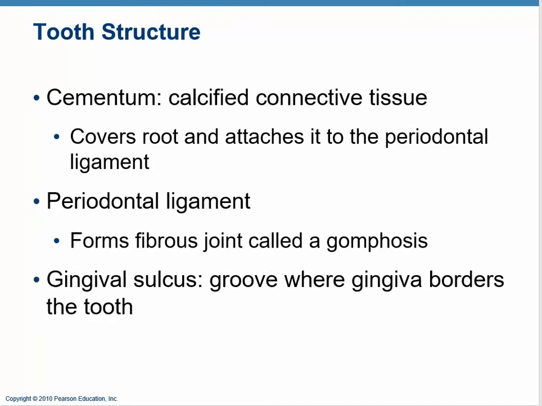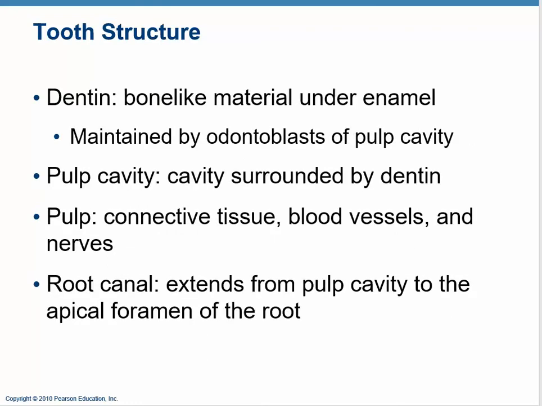I'm not going to worry about the different parts of the teeth beyond the fact that they are held in place by ligaments. The joint is called a gomphosis. The gums are called the gingiva. They are kind of cemented in place by something called cementum. Dentin is under the enamel.